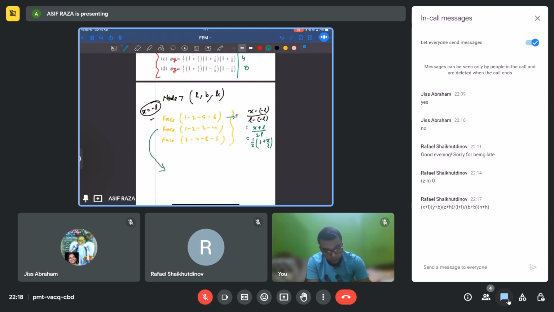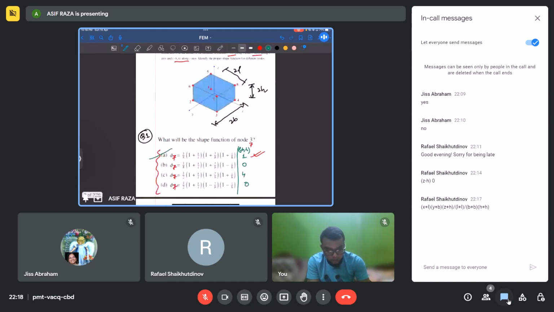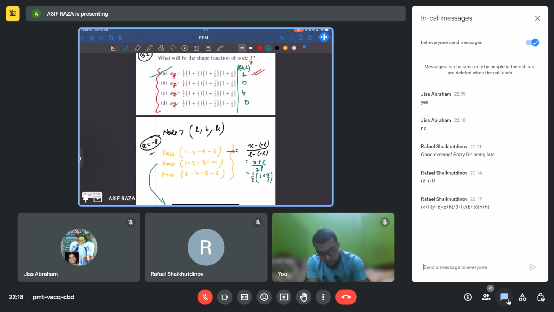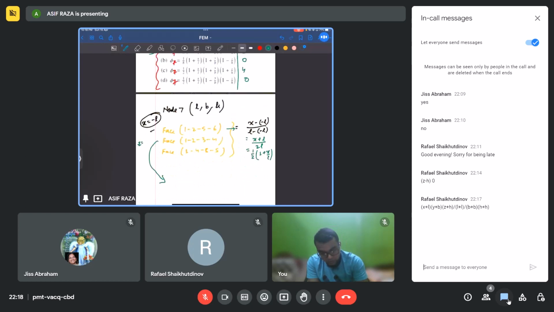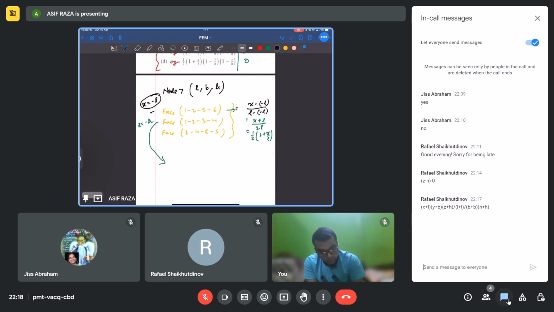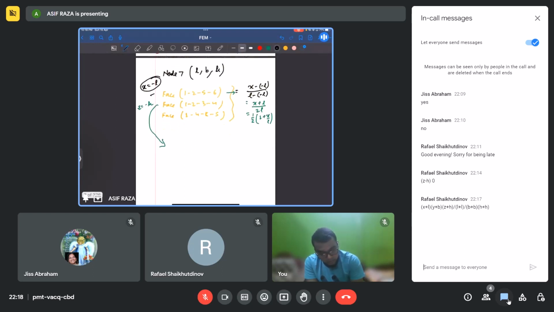Now let's see for this case, face 1234. It's at the bottom, and the variation is along the z direction, and the equation for this face is z equal to minus h, right? So this will give me z plus h, and the value at node 7 is h plus h.